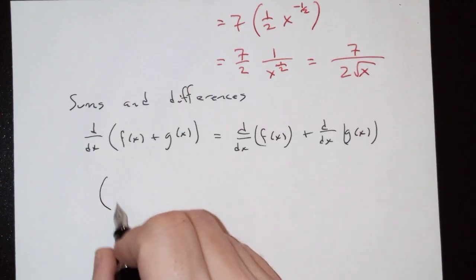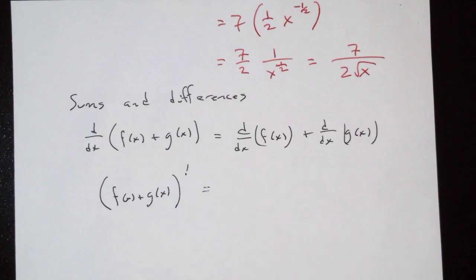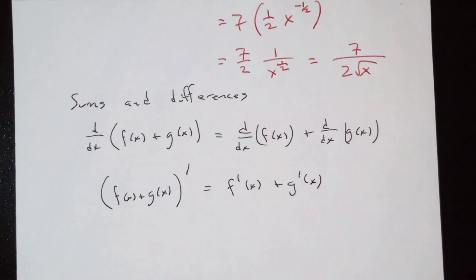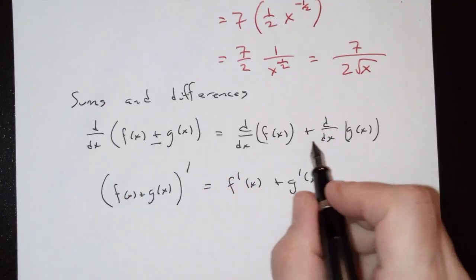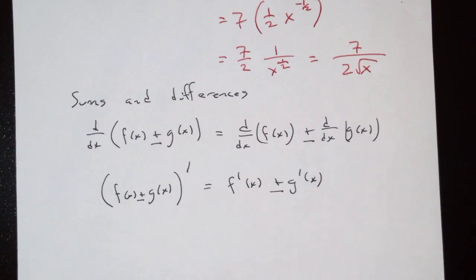But you could also write this in Fermat's notation with the primes. If you like the prime notation better, that's fine. For this application, I prefer the d/dx notation. It works exactly the same way for subtracting. If I have a minus sign here, I will have a minus sign here. Rules are exactly the same all the way through.